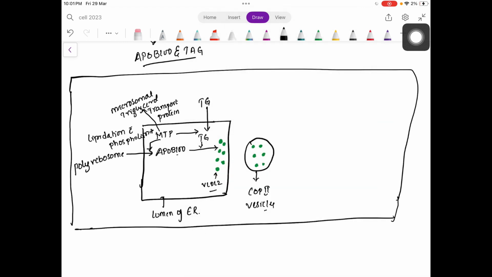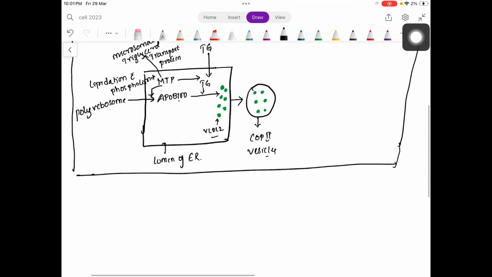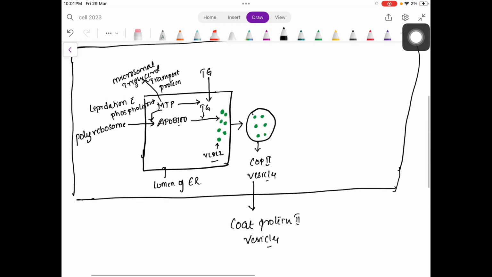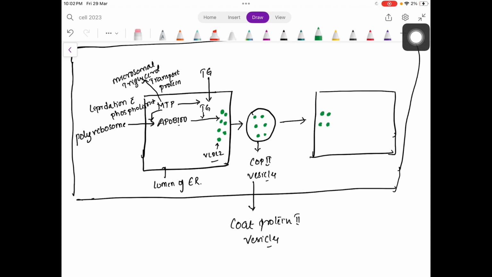These COP2 vesicles are called coat protein 2 vesicles, and they help in transport of these VLDL2 molecules into the Golgi complex. This is the lumen of the Golgi complex, and these VLDL molecules are transported. This is the Golgi complex.